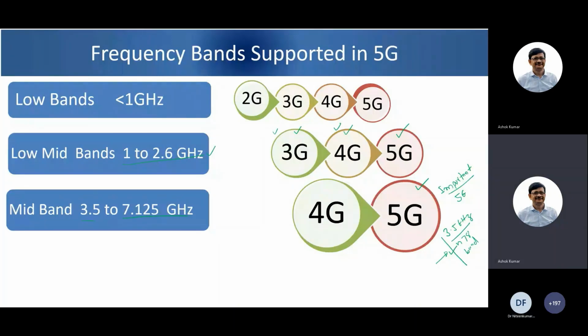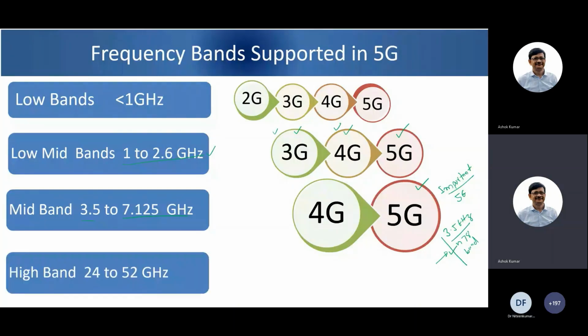So this was some sort of new band. And then the high band. This was the first time that ITU had identified the higher side of the band, the millimeter wave band, and 3GPP has also considered it after that. These bands are, as of now, from 24 gigahertz to 52 gigahertz, identified and earmarked by 3GPP, and it is primarily for 5G as of now.